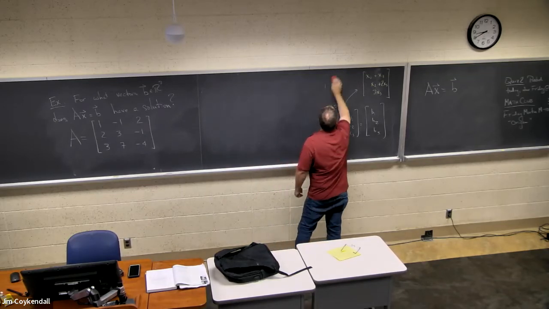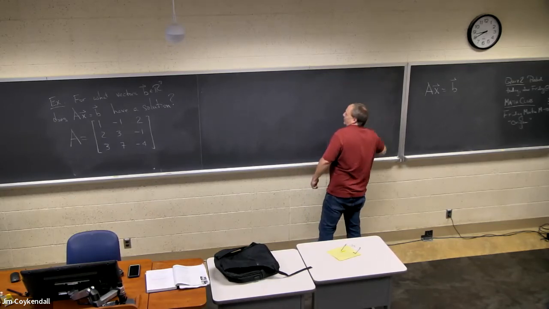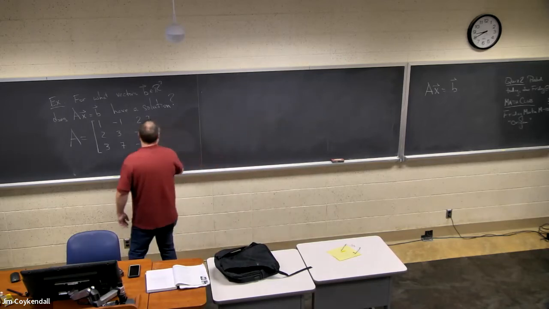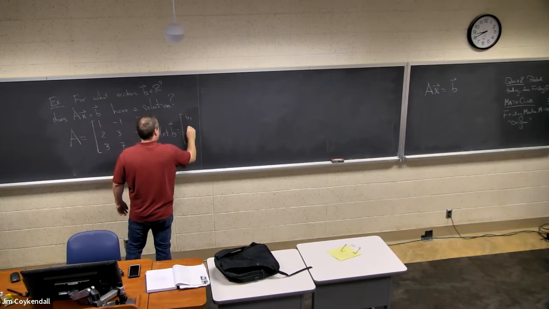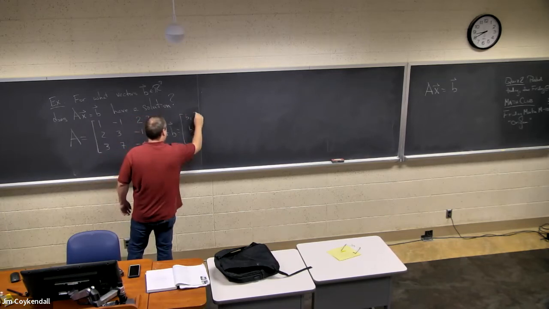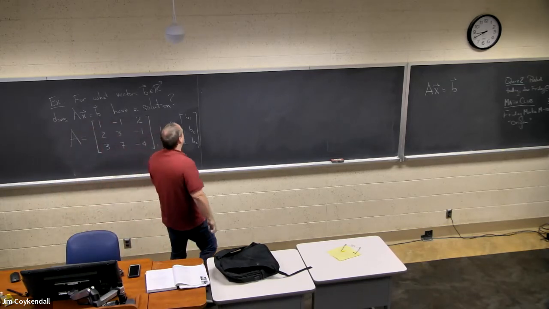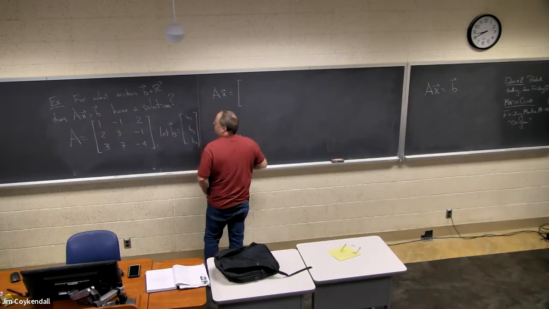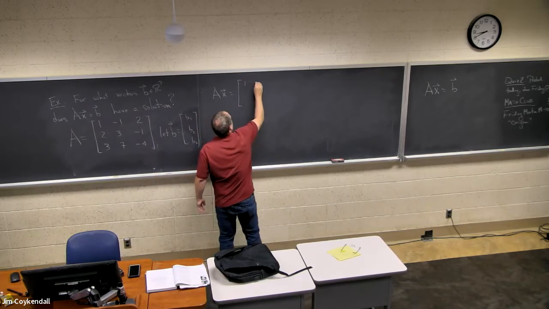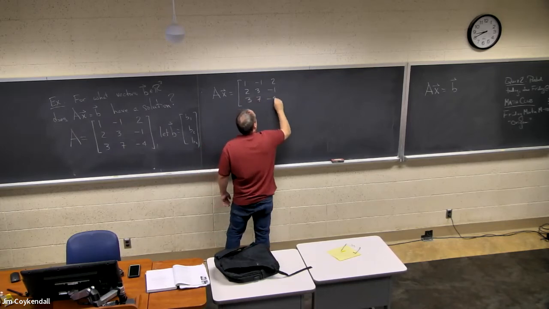Well, let's set things up like we did. Let me call that vector B here. Okay, so let's take this apart. Let's look at AX, which is 1, minus 1, 2, 2, 3, minus 1, 3, 7, minus 4.